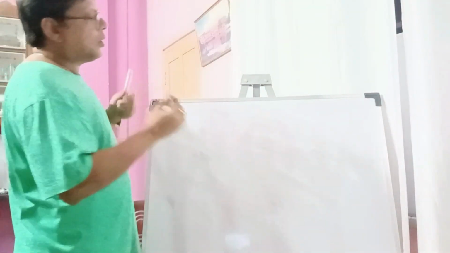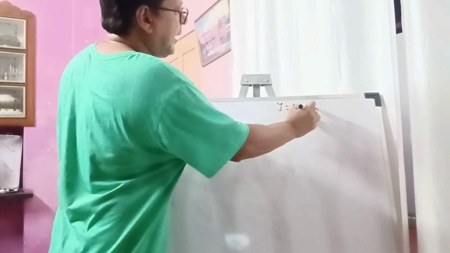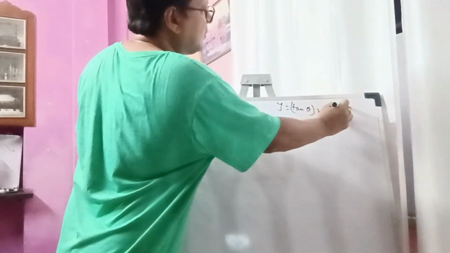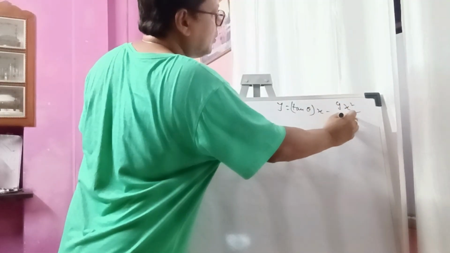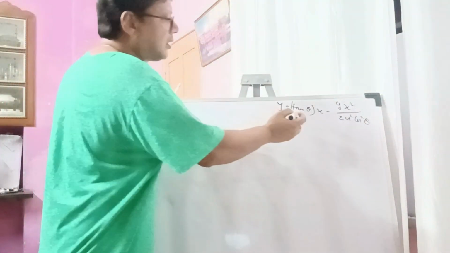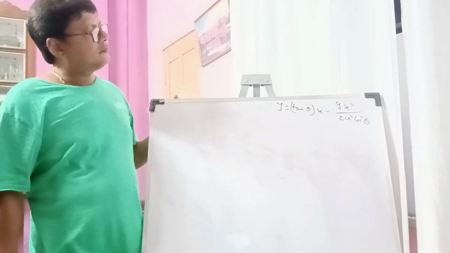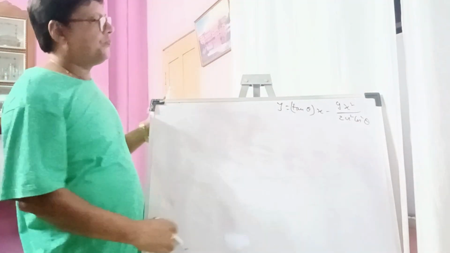So we have found out a formula, which is y equals tan theta x minus g x square by 2 u square cos square theta. It's a parabolic formula, the Cartesian equation of projectile motion. Okay.